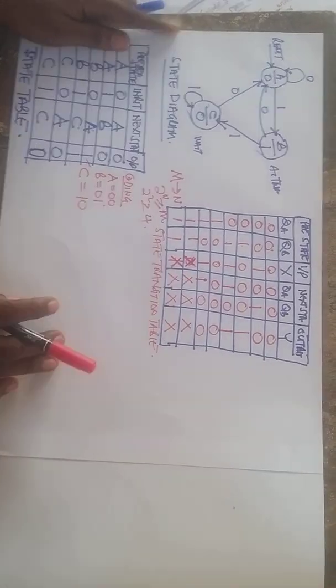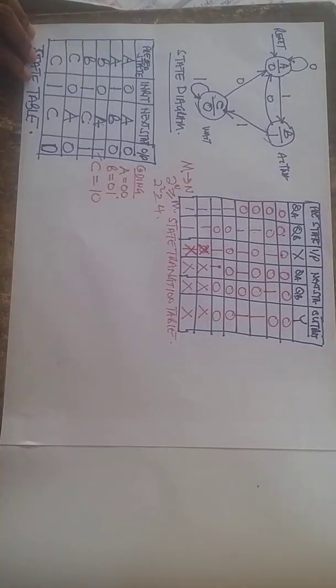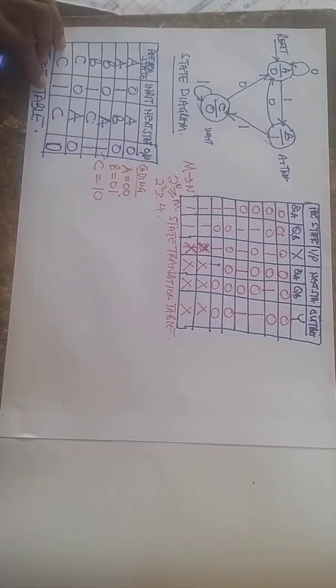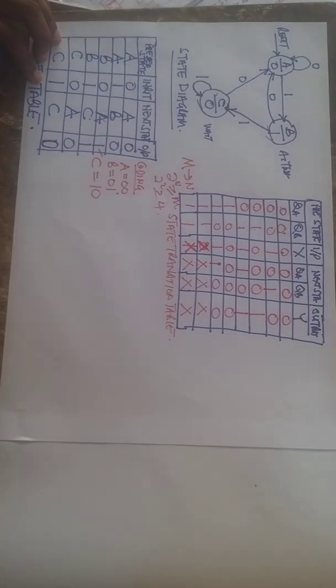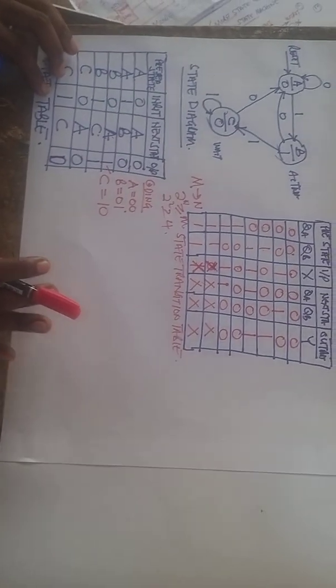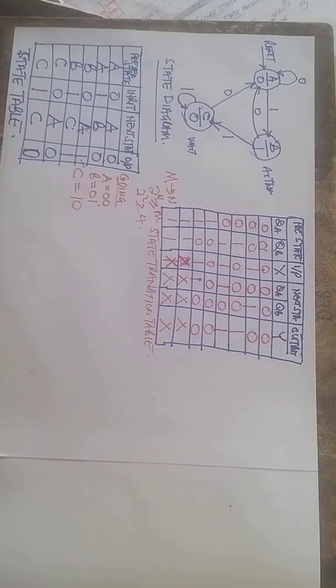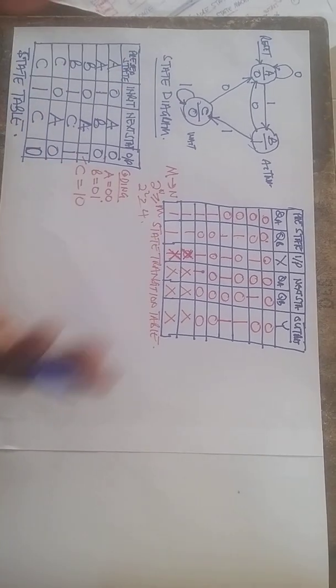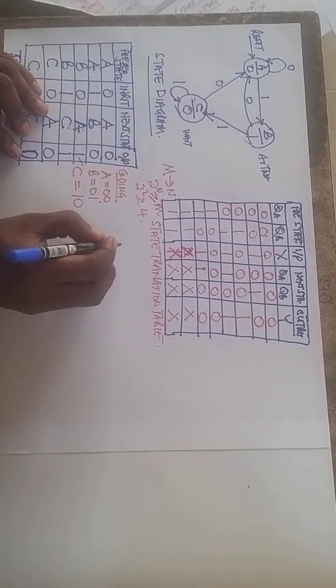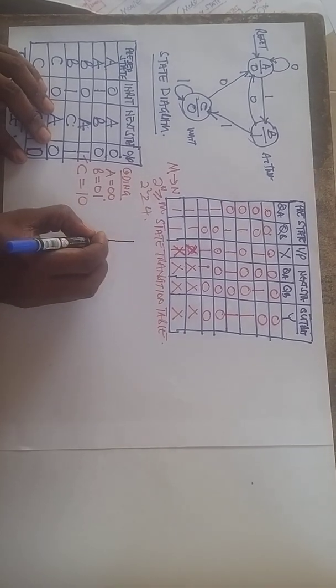Now at this stage, it is important to draw the theoretical model of your design. And remember, we are using the Moore. So I'm going to draw the Moore, how the design is going to look like. Then we'll continue. So this is what Moore is saying.